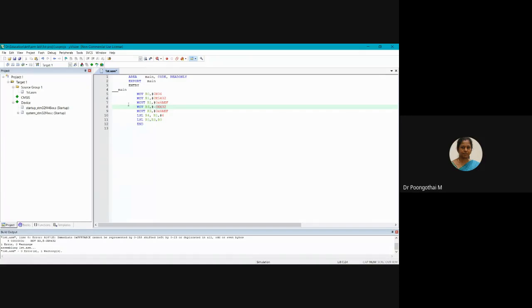Now also it's telling the same error, ma'am. See, it's the same MOV error. Hex 8 is there, and your sign bit makes it negative. So just remove that. Change your 8 to 7.